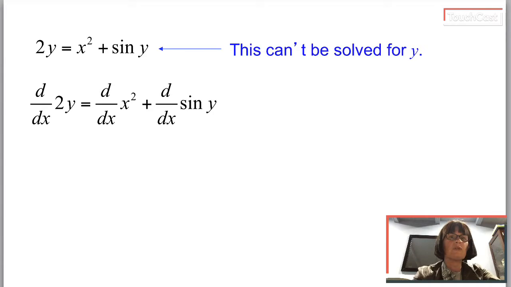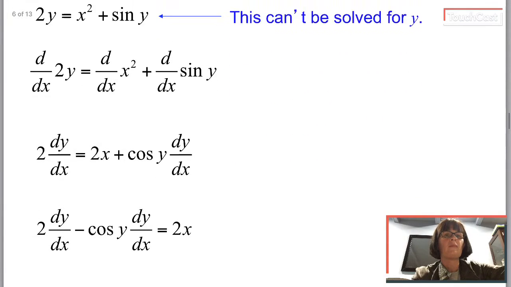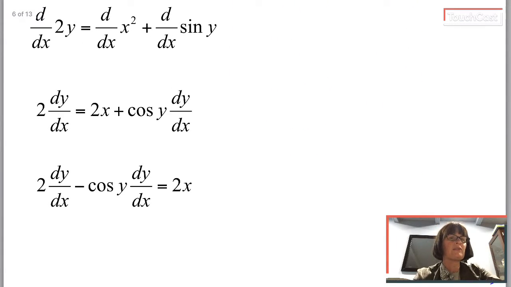And that's going to equal the derivative with respect to x of x squared, which is 2x. And the derivative with respect to x of sine y is the derivative with respect to y of sine y, which is cosine y, times the missing chain rule piece, which is dy dx. So that's what I have here. 2 dy dx is 2x plus cosine y times dy dx.